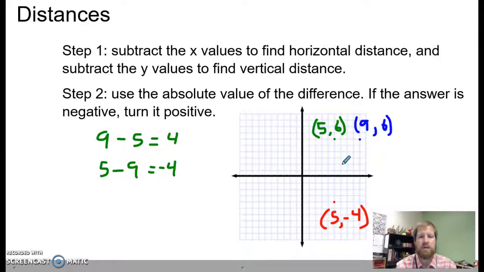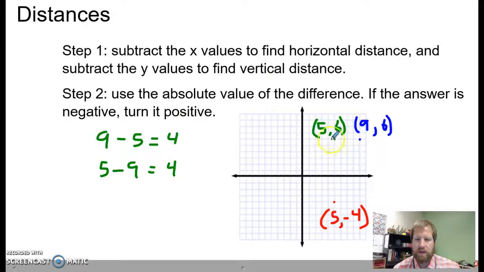The distance just goes to 0 when they overlap, and then increases again when it moves further away. Okay, so the answer is always going to be positive, and we use the absolute value sign to show that, but you can just take away the negative sign once you're done. Just erase it, and that'll give you your value.